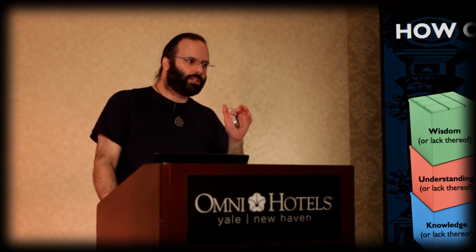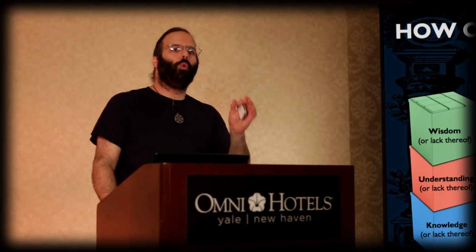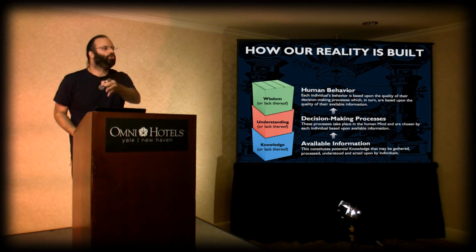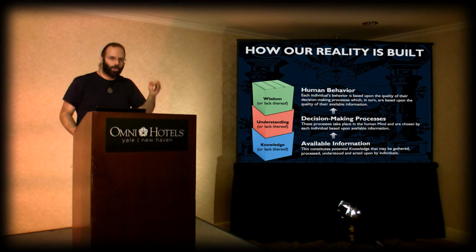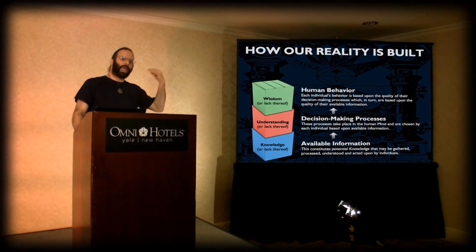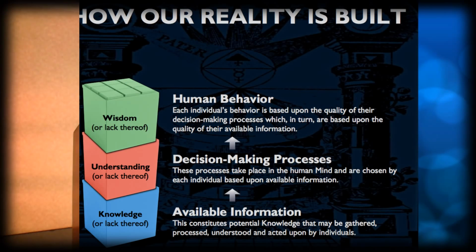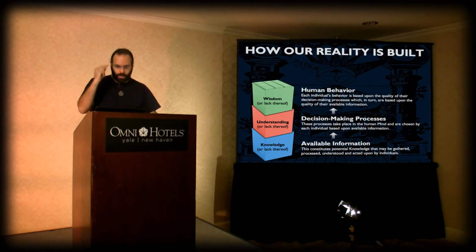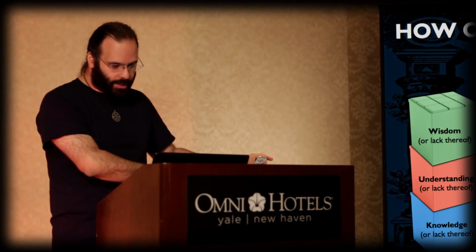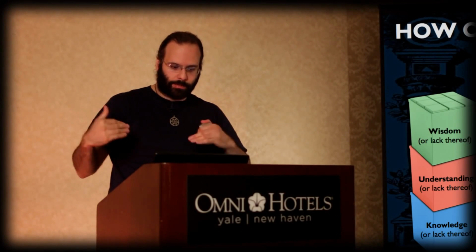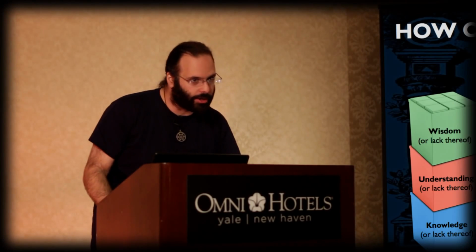The third stage to this process is what you do with what you have come to understand, to know and understand. So this is the action stage, okay? Each individual's behavior, the behaviors that they choose through their own free will, is based upon the quality of their decision-making processes that are happening within the human mind, okay? That process, as we've already seen, is in return based upon the quality of available information.